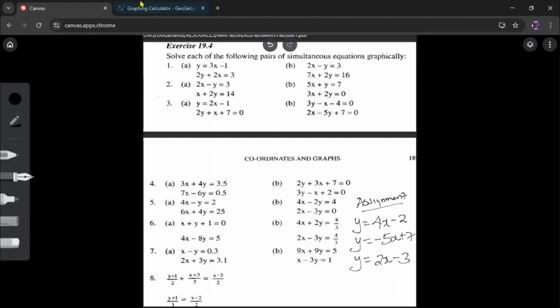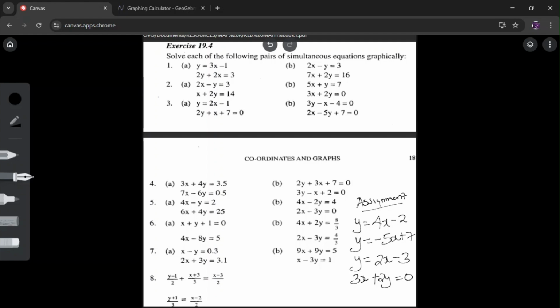Then the other one, pick one that you'll have to work out with your mind here. This one reads 3x plus 2y equals 0.